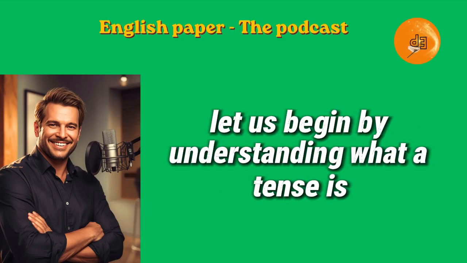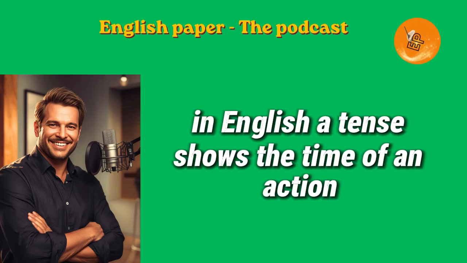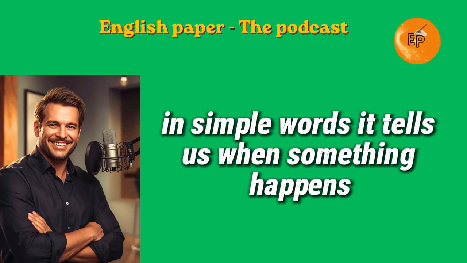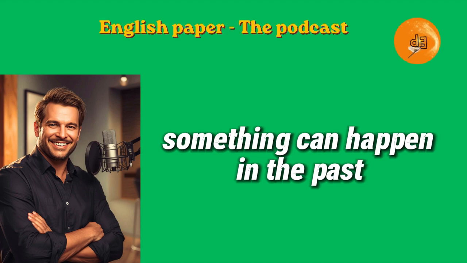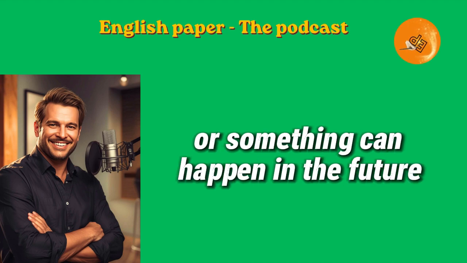Let us begin by understanding what a tense is. In English, a tense shows the time of an action. In simple words, it tells us when something happens. For example, something can happen now, something can happen in the past, or something can happen in the future.